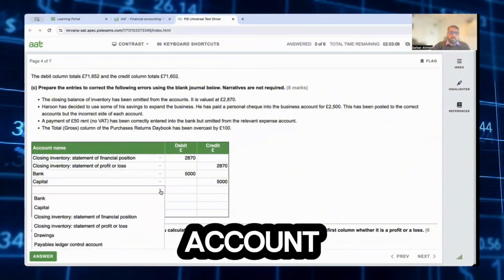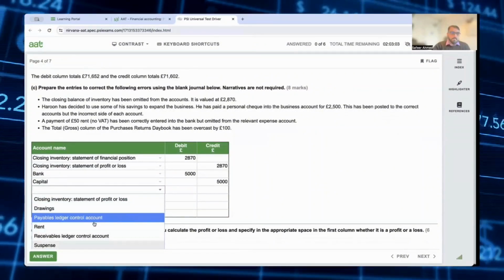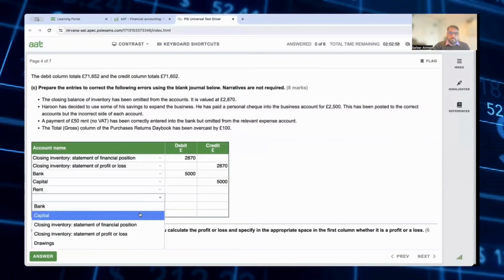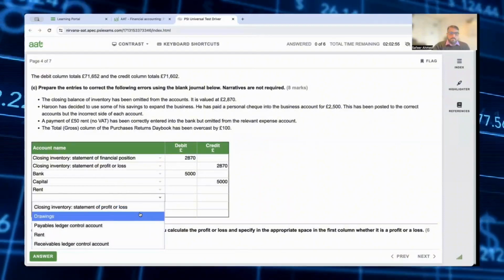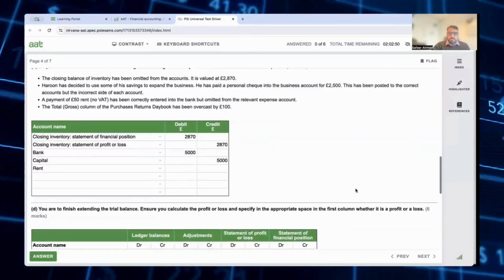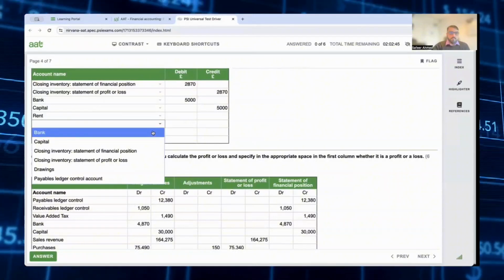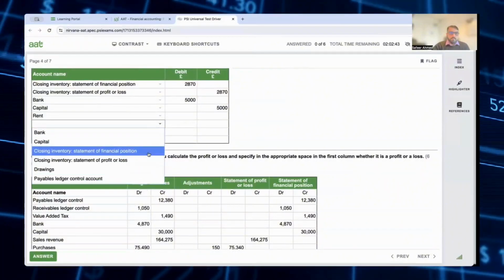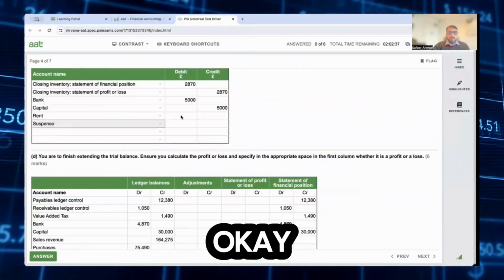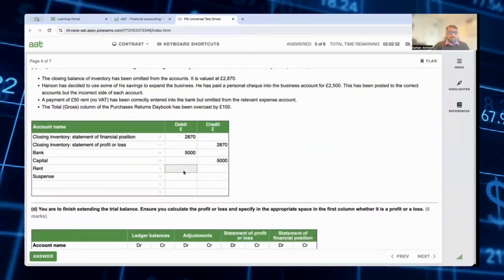So it will be rent account debit, and suspense account credit, with whatever the amount was, which is 50.